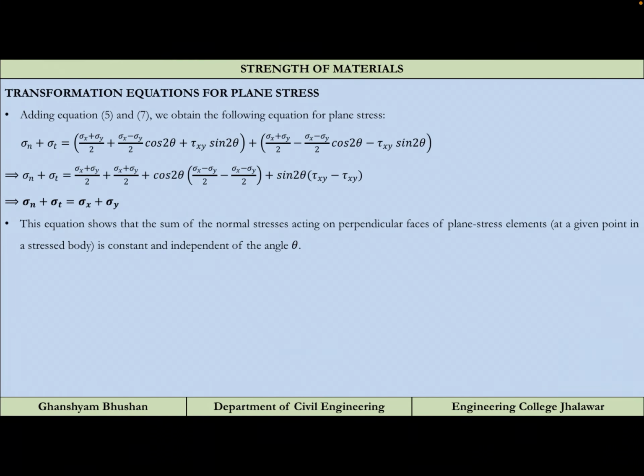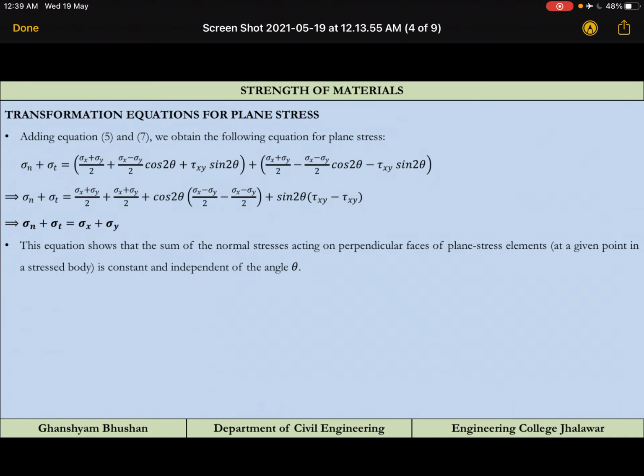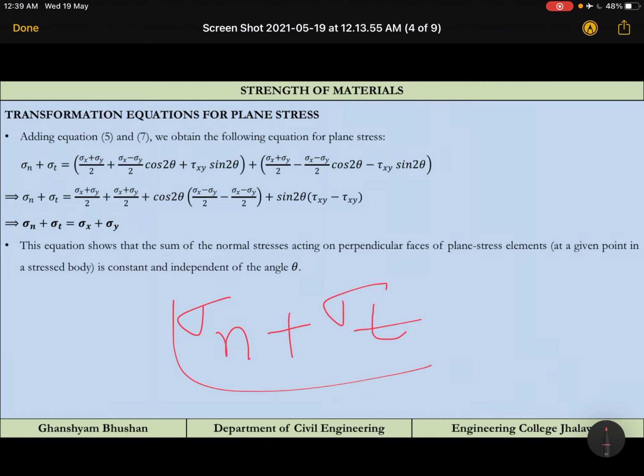So let us move forward. Now we are going to add these two stresses, sigma n and sigma t. Clear? Sigma n is this value and sigma t is this value. As you can clearly see, this is plus and this is minus, so this gets cancelled out. This is also plus and this is minus, so this is also cancelled out, and only (sigma x plus sigma y) by 2 plus (sigma x plus sigma y) by 2 remains.